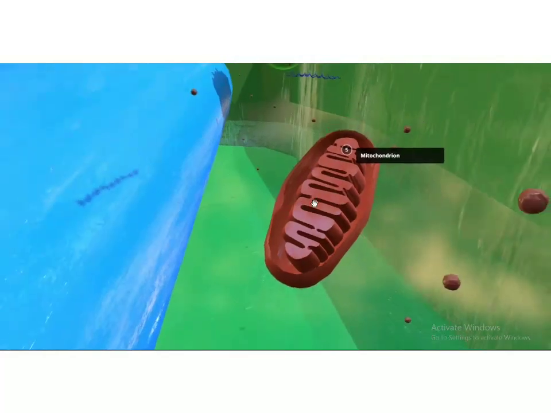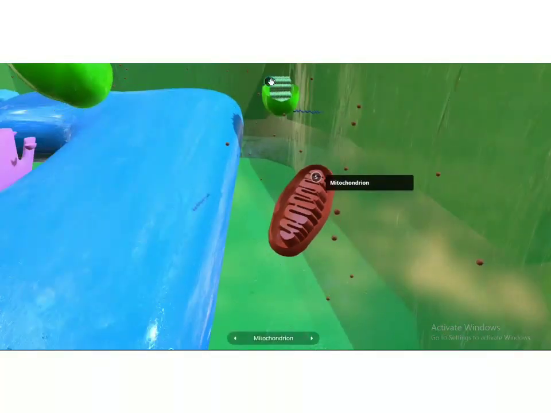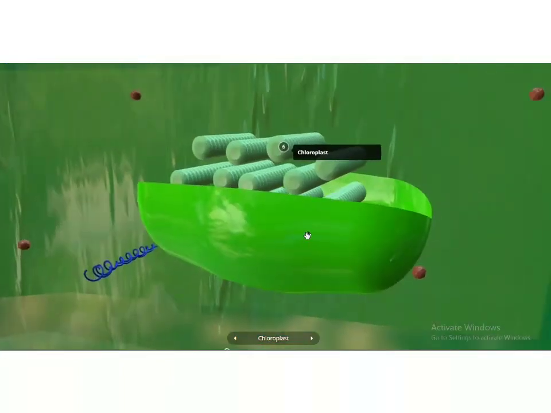Now let's see this one. This is the chloroplast of a cell, the plastid of a cell. This is only found in the plant cell, not in the animal cell. The green plastids are called chloroplasts because they contain a green pigment known as chlorophyll. It has three parts.